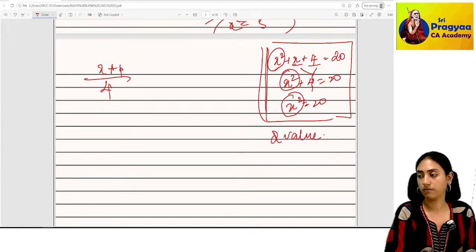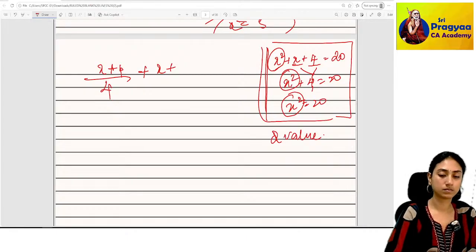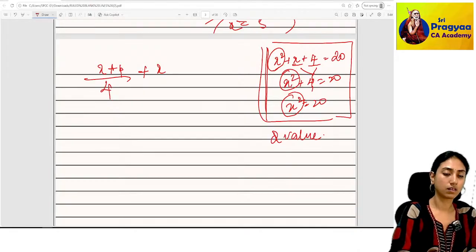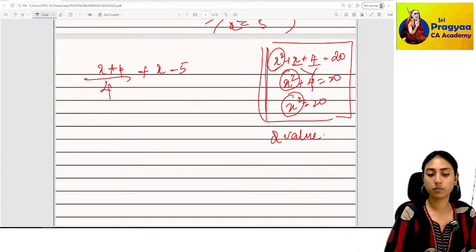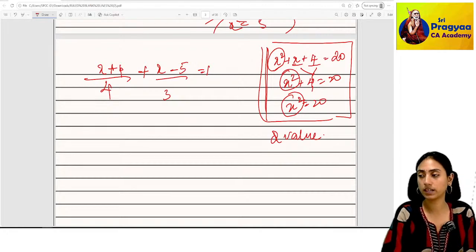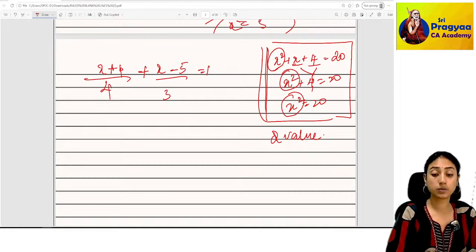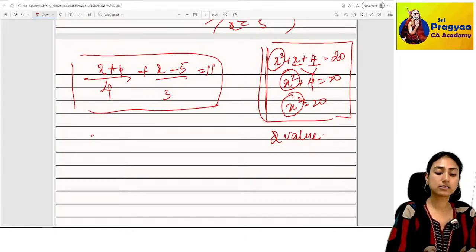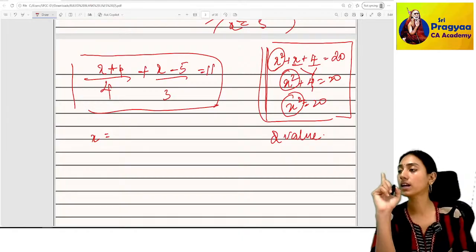For example, what I have here is (x plus 4) divided by 4 plus (x minus 5) divided by 3 is equal to 11, sorry. In this scenario, x will be true only for one number.